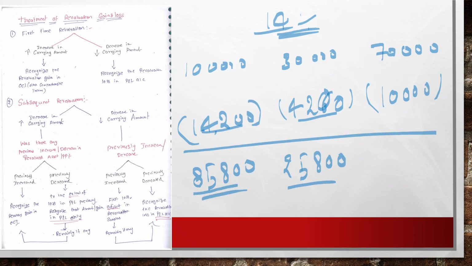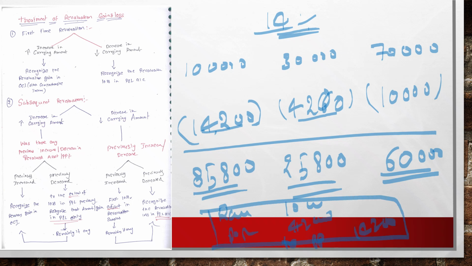accumulated depreciation 25,800, and then net 60,000. What would be the entry? A revaluation loss of 10k, and the accumulated depreciation 4,200 you eliminate, and then PPE you eliminate 14,200.